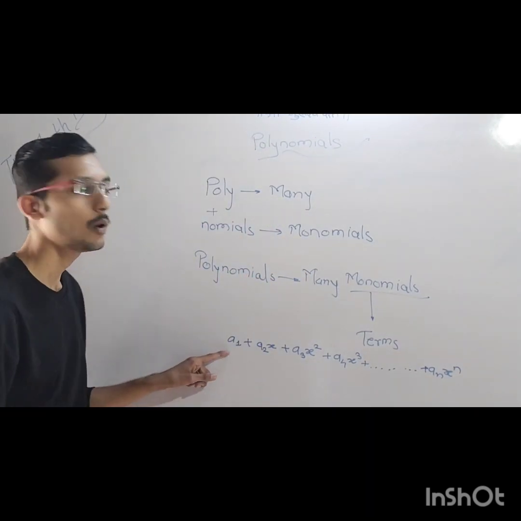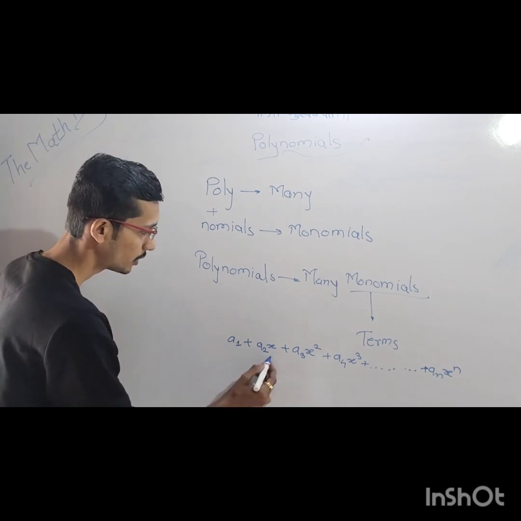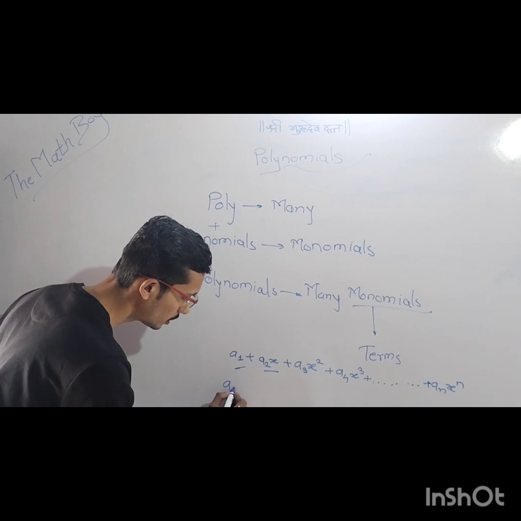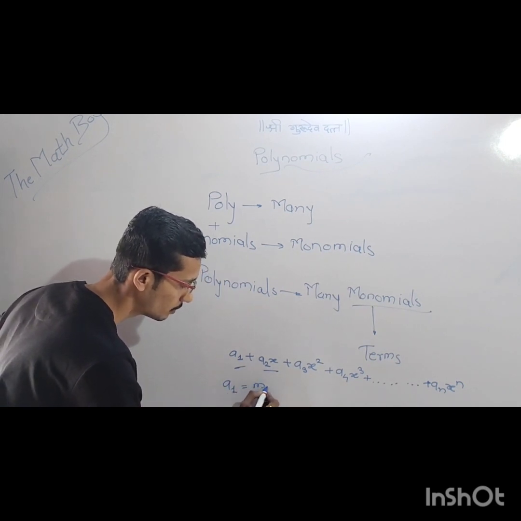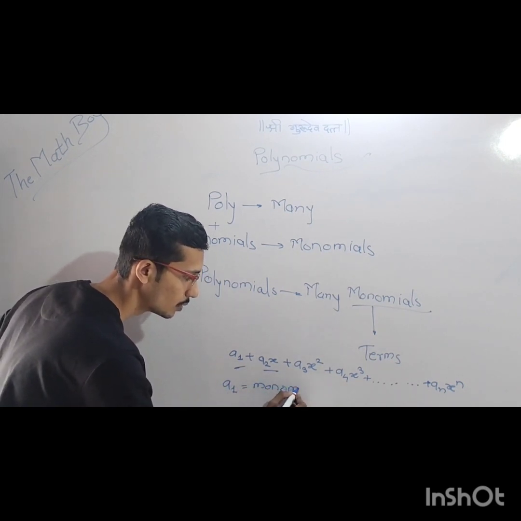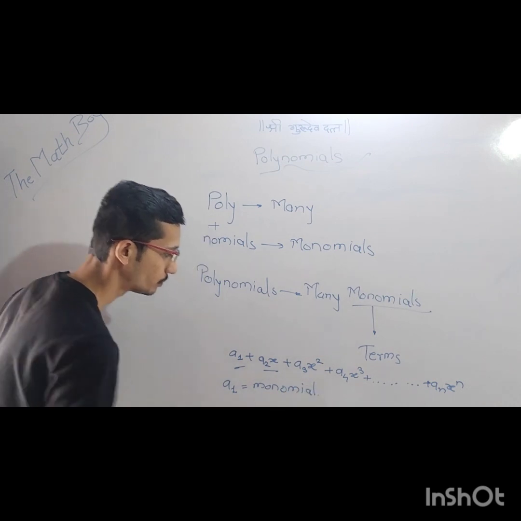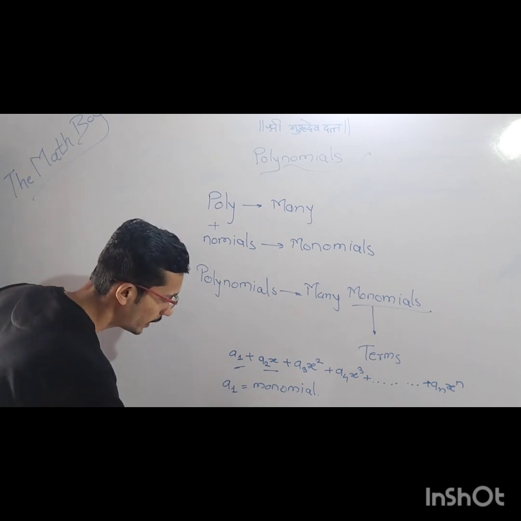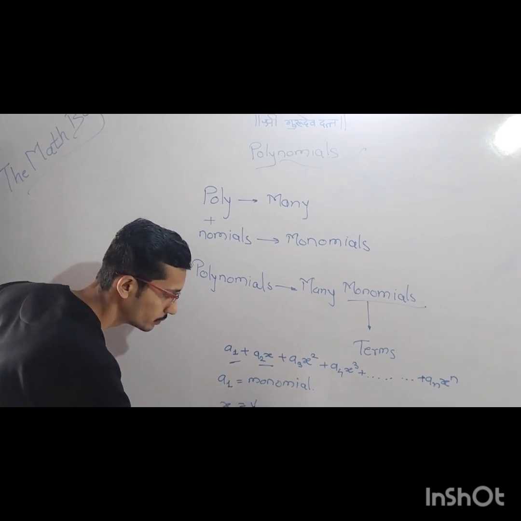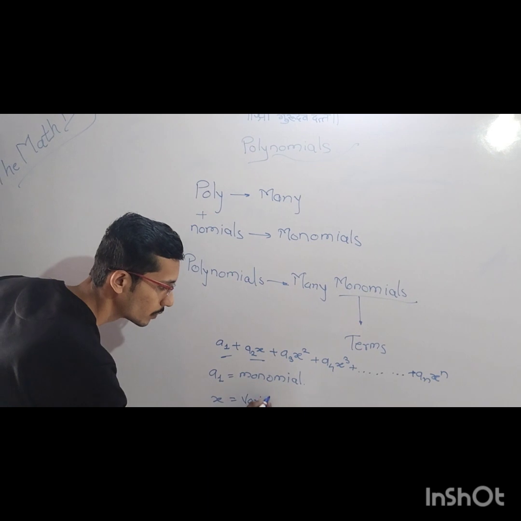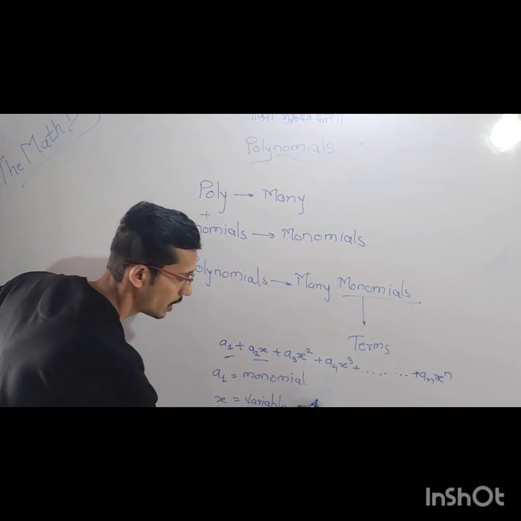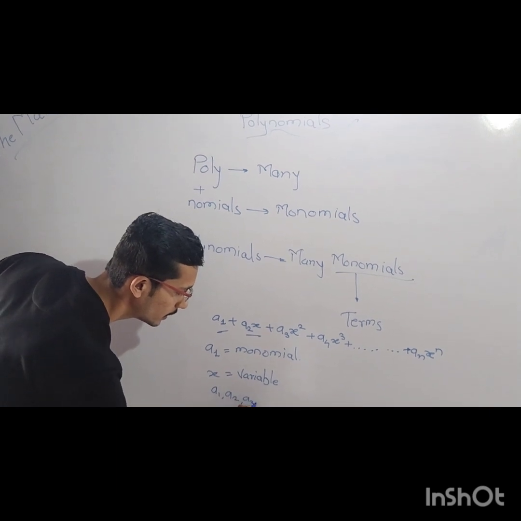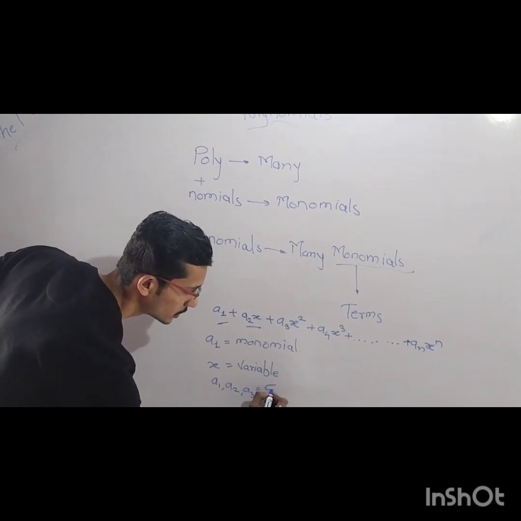So this is the polynomial, and in this expression each term is called a monomial. That means this a1 is a monomial. And in this polynomial the term x is a variable. And this a1, a2, a3, these are constants.